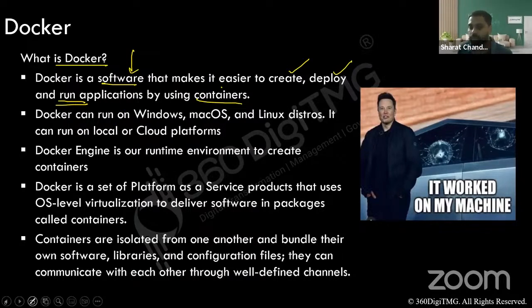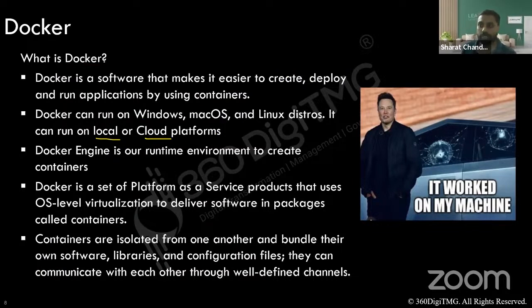Now, Docker is a software which is OS independent, right? And platform independent, you can say. It can run on local, it can run on cloud, it is Windows, Mac, Linux, right? So it works on any computer. All you need to have is the Docker software. And we will have this Docker engine. And this Docker engine is responsible for generating our runtime environments.